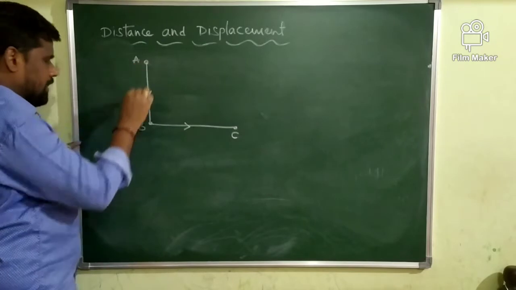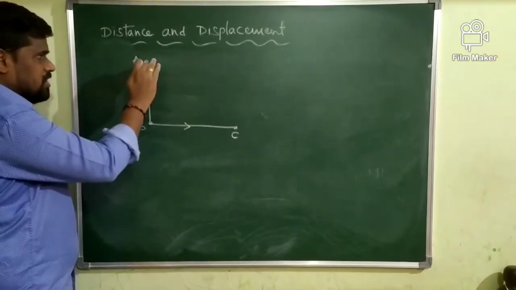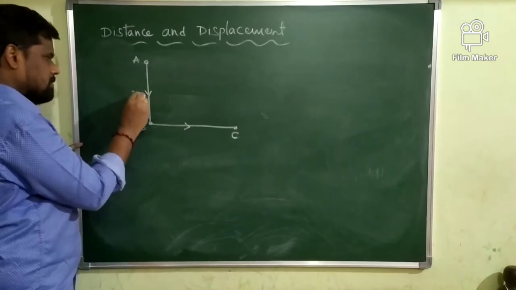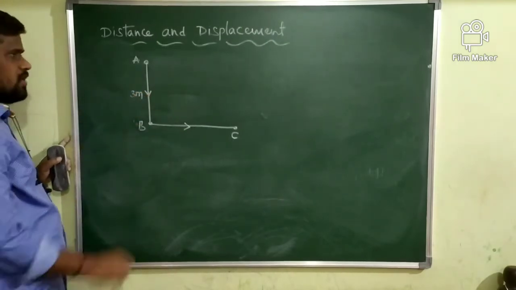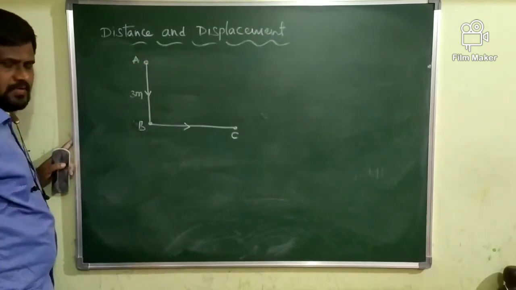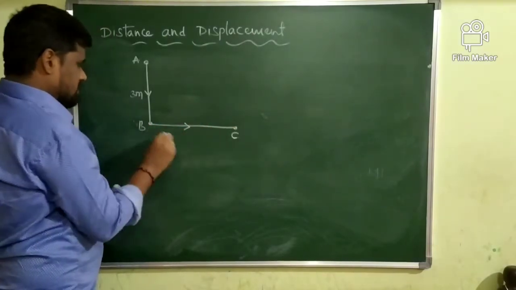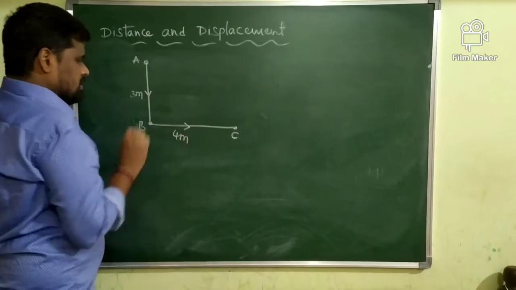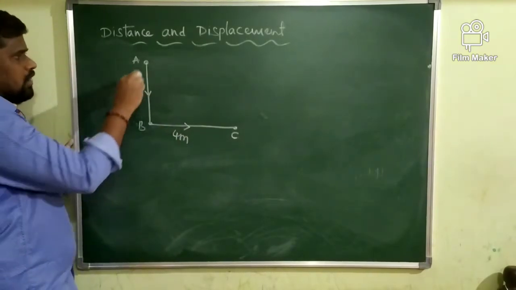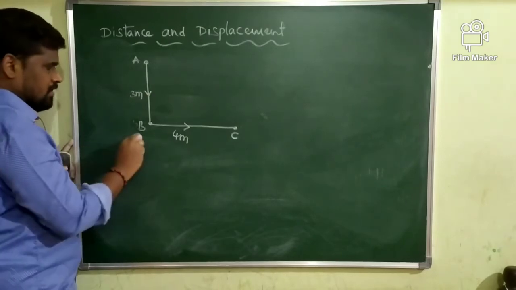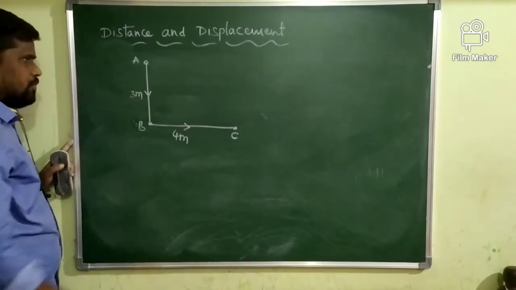So here, the change in position of a body from A to B is 3 meter. Change in position of a body from B to C is 4 meter. Means the total distance traveled by the body from A to B is 3 meter, from B to C it is 4 meter.